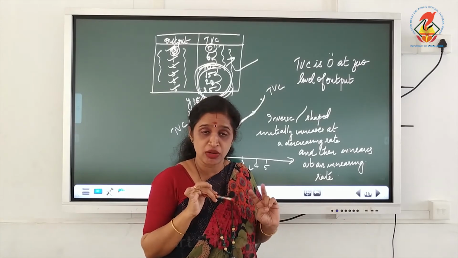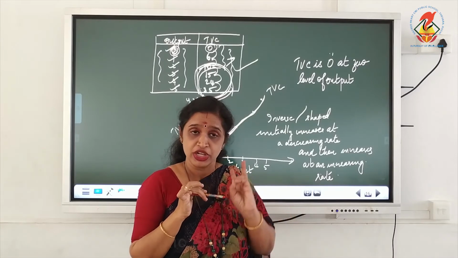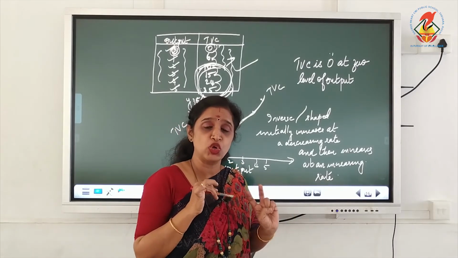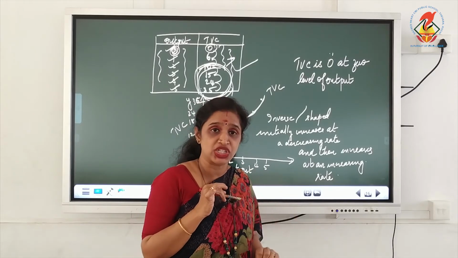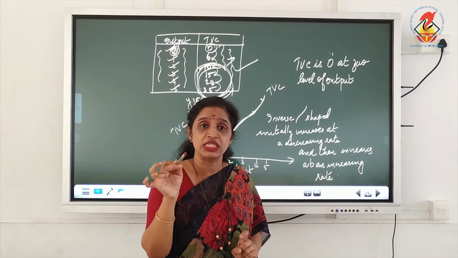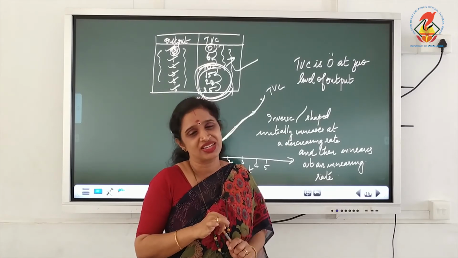So, TVC or total variable cost curve is an upward sloping curve.